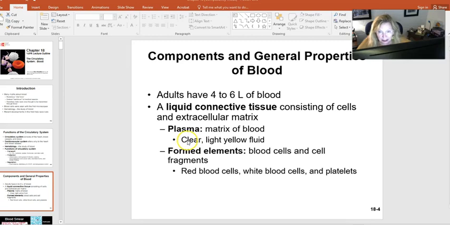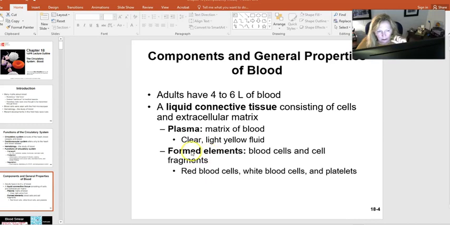Plasma should be clear with maybe a slight yellow tinge, but it should be clear because it's predominantly water. So the major part of whole blood is actually plasma, more than 50% usually, and most of that is water.